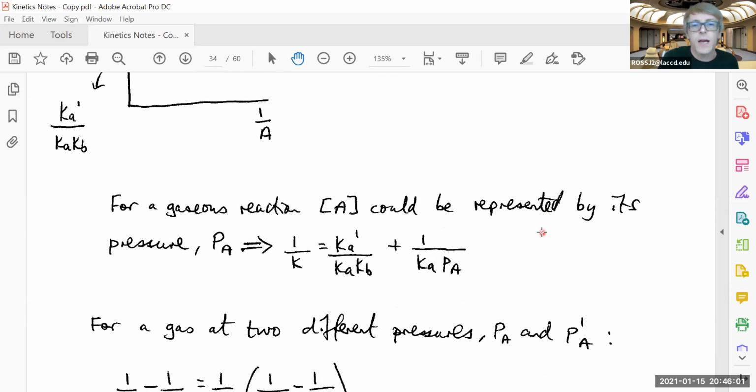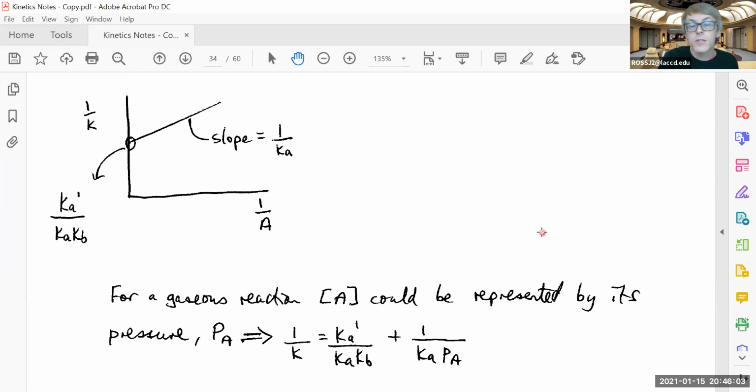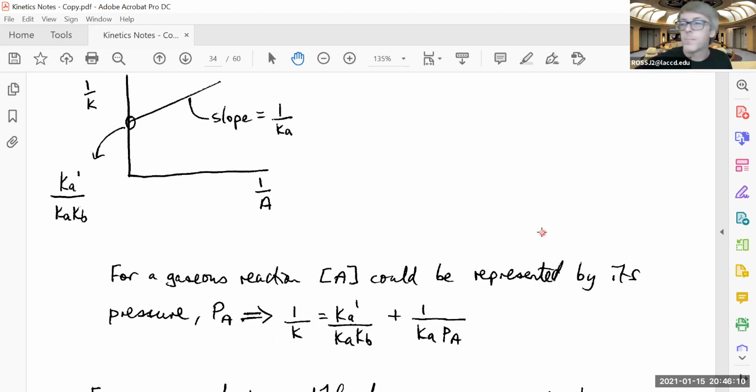So for a gaseous reaction, the concentration A could be replaced by its partial pressure, PA. So this would just be the pressure of A, because there are no partial pressures here.